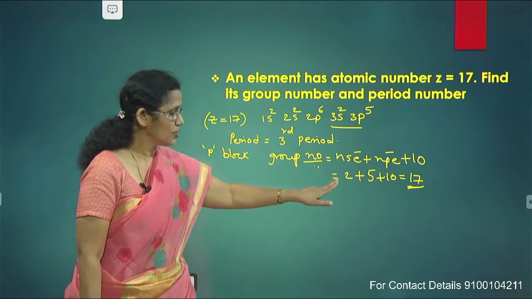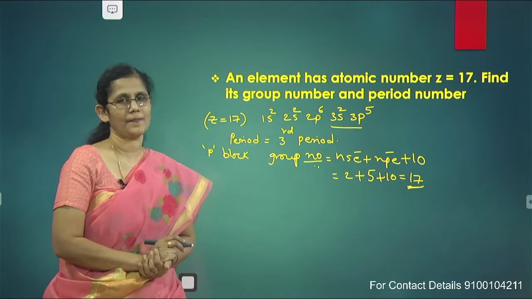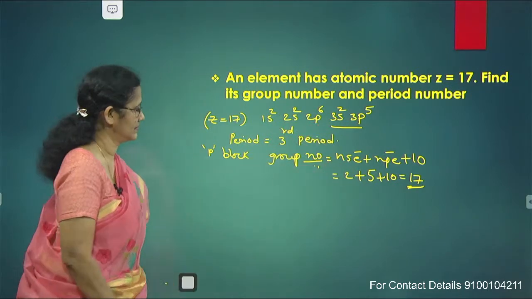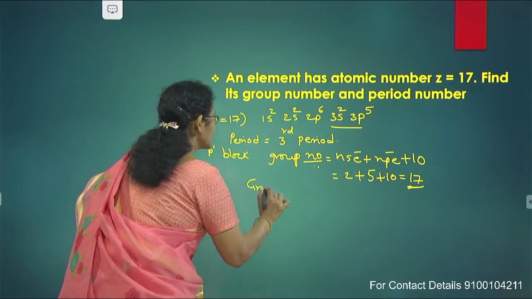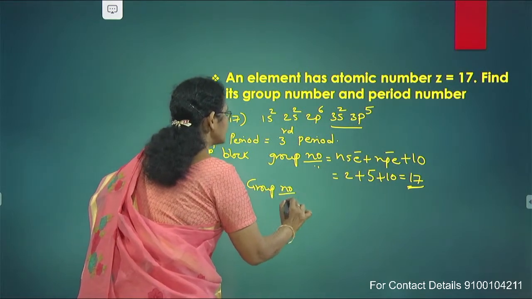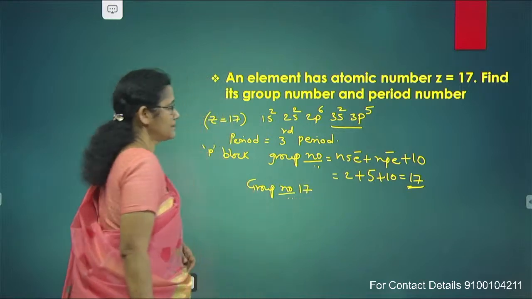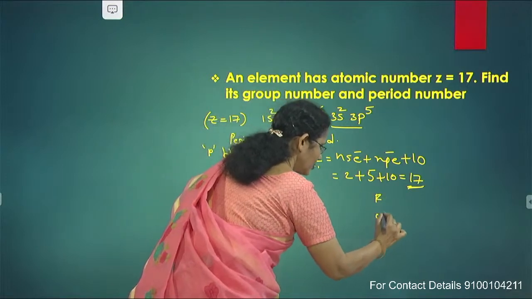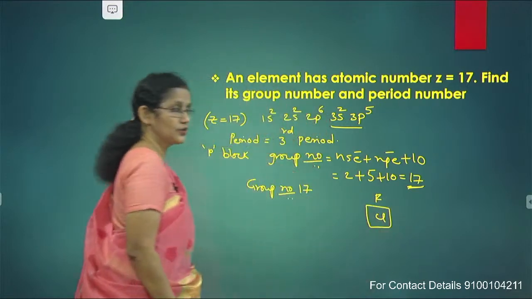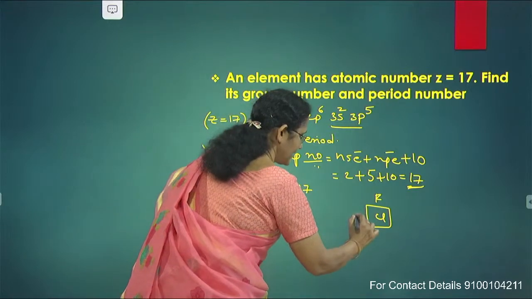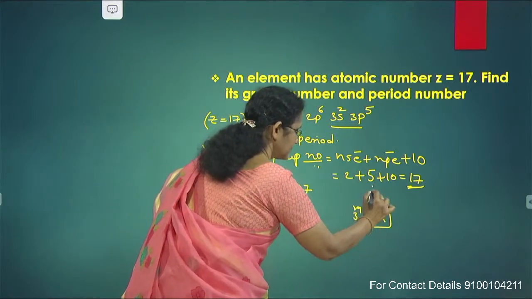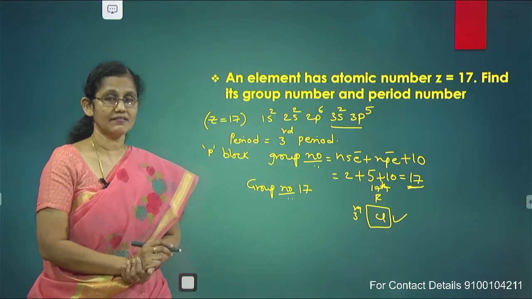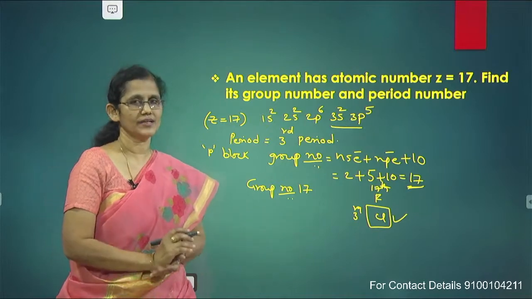That means it belongs to the 17th group. Period number third, group number 17th. Third period, 17th group means it should be like fluorine, chlorine. Chlorine is group number 17, period number 3. So the element with Z equal to 17 is chlorine, right.